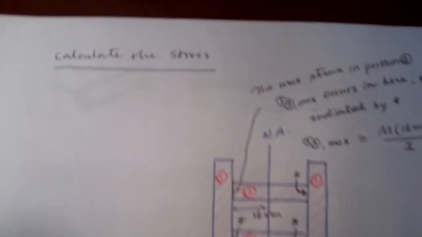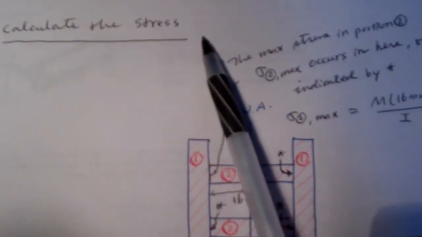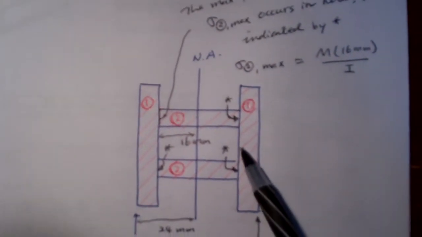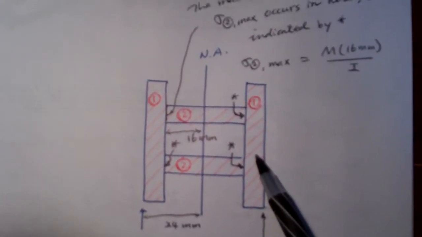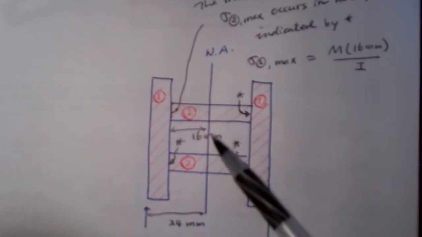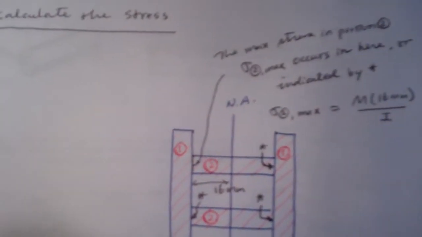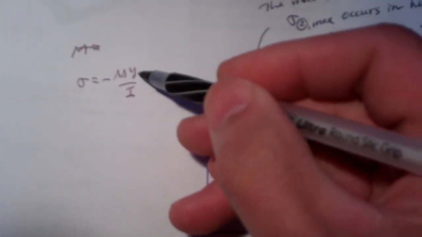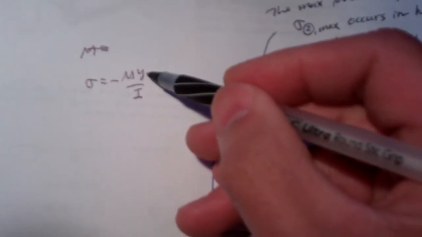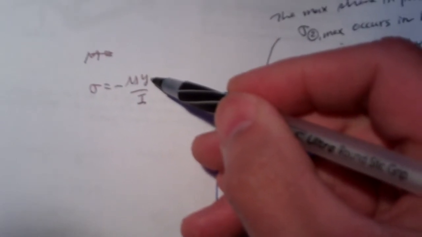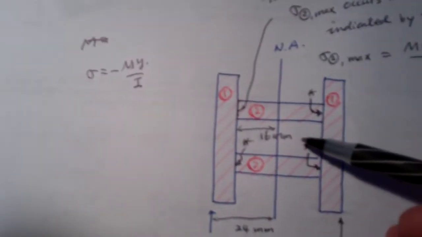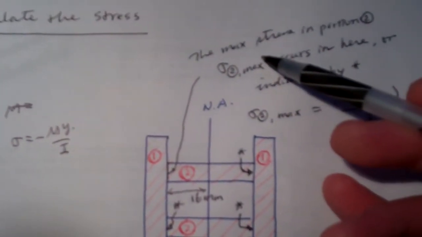The next step, we calculate the magnitude of the stress on the transformed cross section. Here is the neutral axis, and according to the generic formula, sigma equals minus My over I. M is the moment magnitude, and y is the distance measured from the neutral axis to where we are interested. For this example, we're looking for the maximum value.